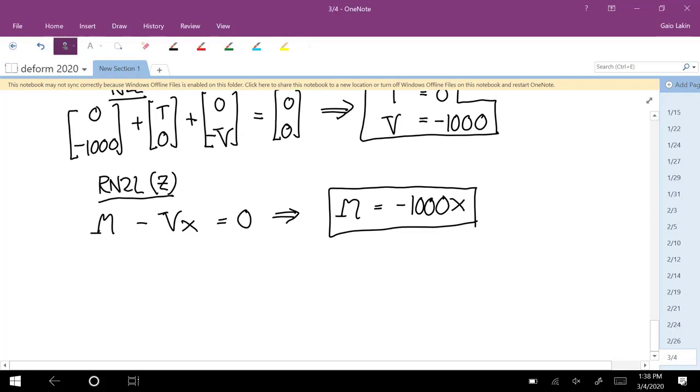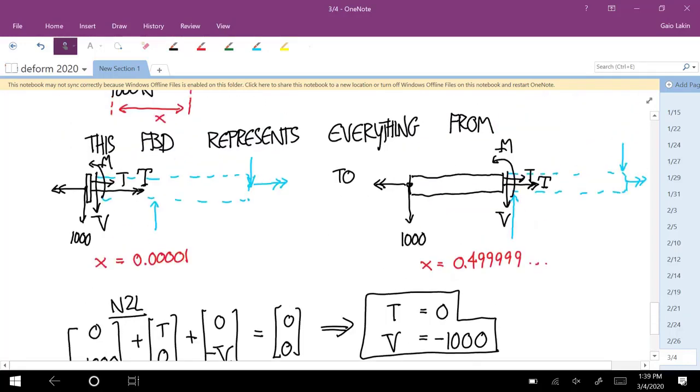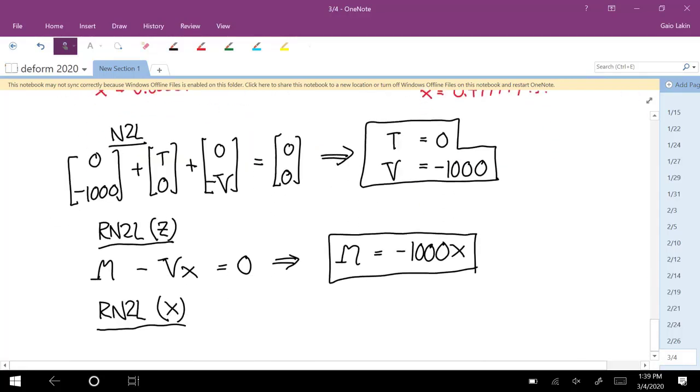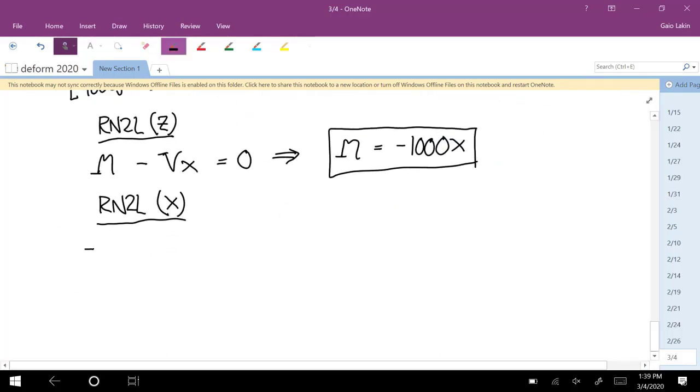And then we'll add it up for the x component. You have a 500 Newton meter couple in the x direction, negative 500, and then you have fancy T. So negative 500 plus T is equal to 0. And so T is equal to 500.